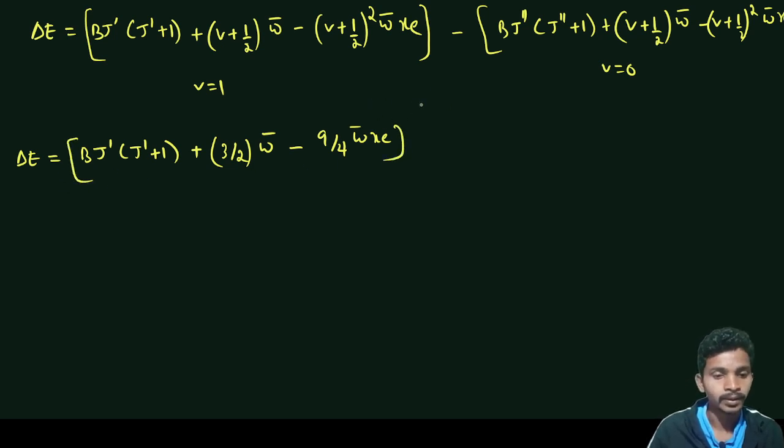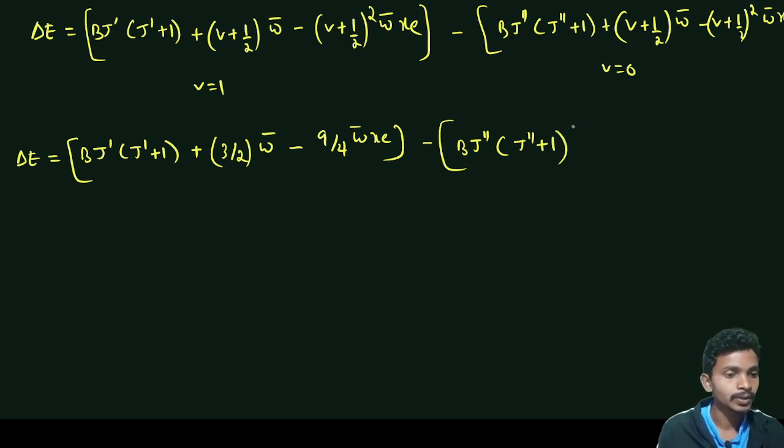Again for v equal to 0, B J double dash (J double dash plus 1), and since v is 0, this becomes 1 upon 2 omega, minus 1 upon 4 omega xe.